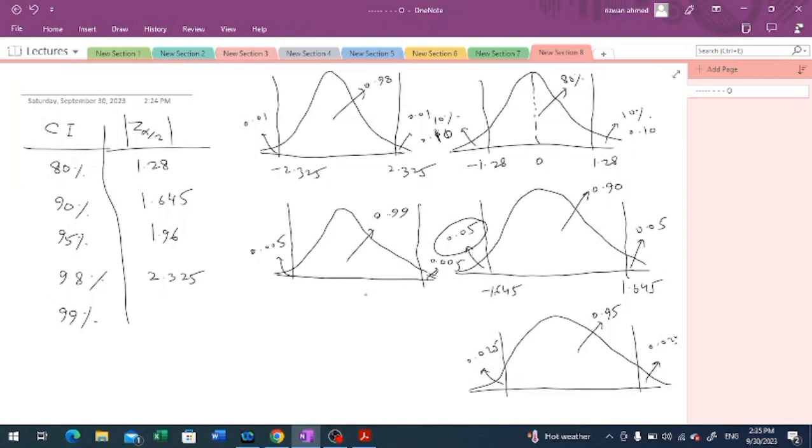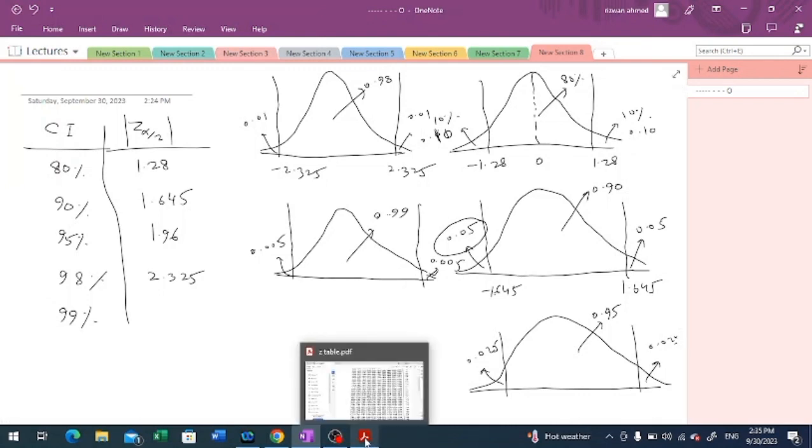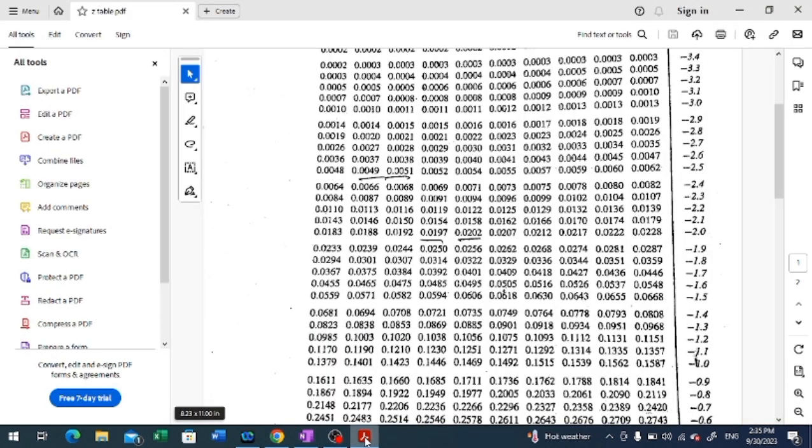Now we are going to locate the probability corresponding to or nearer to 0.005, that is in this row. 0.0051 and 0.0049, these two neighborhood probabilities are again at the same distance from the target probability of 0.005.